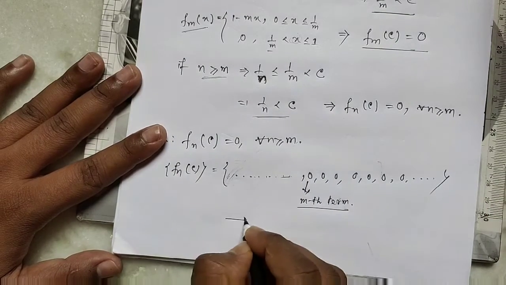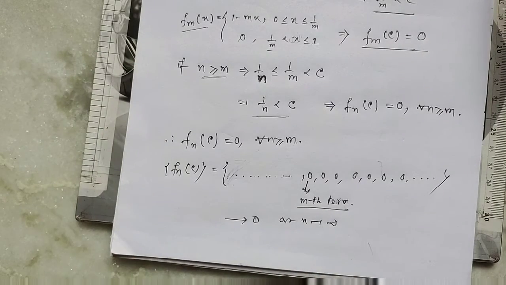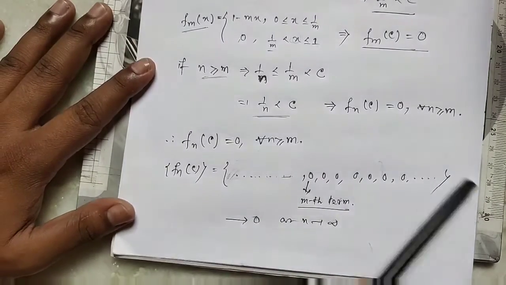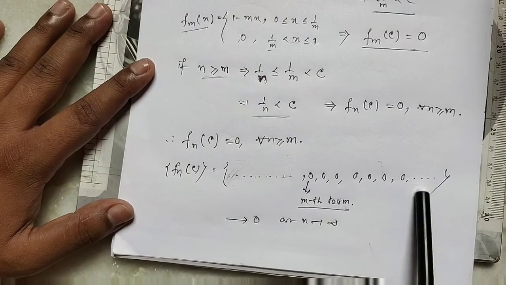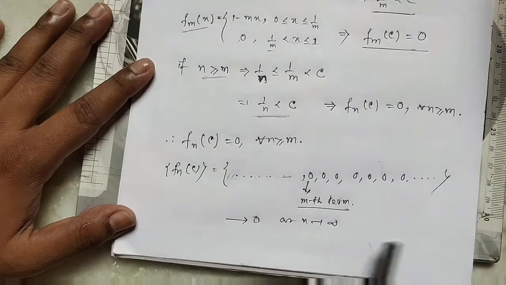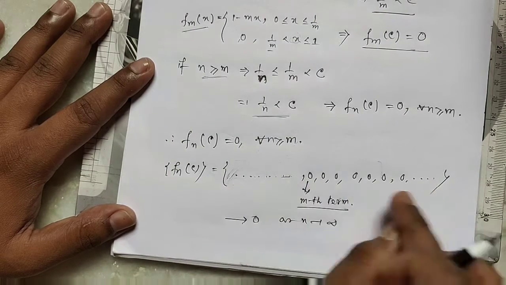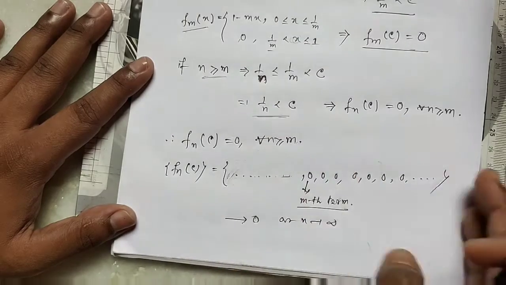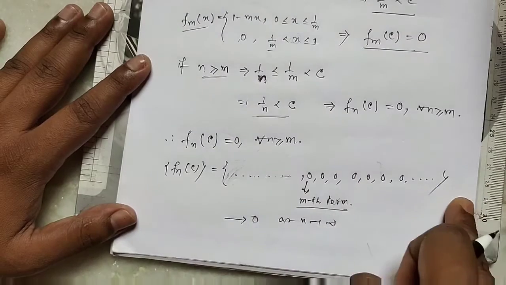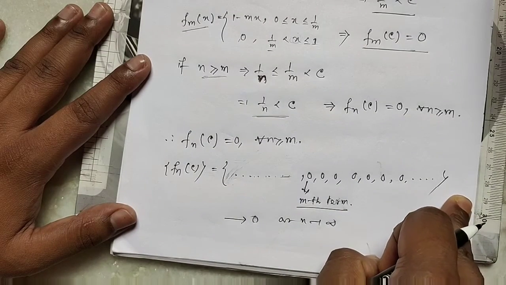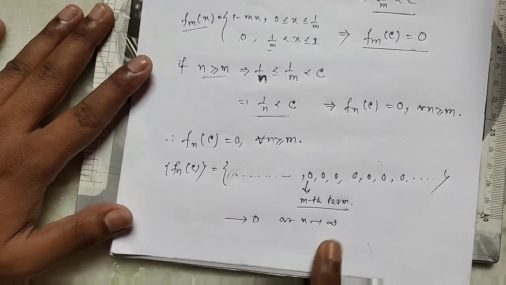So this sequence converges to 0 as n tends to infinity. By the concept of real sequences, this type of sequence, where all terms after the mth term are 0, must converge to 0 as n tends to infinity.